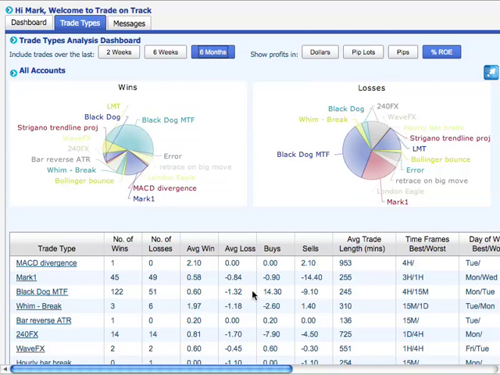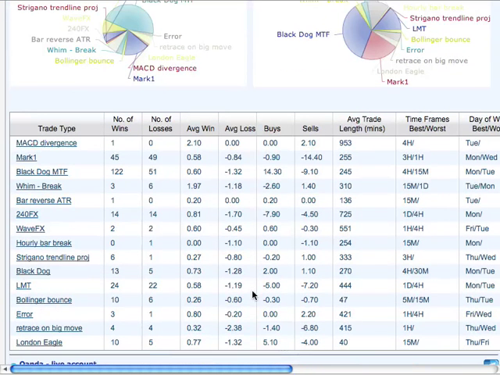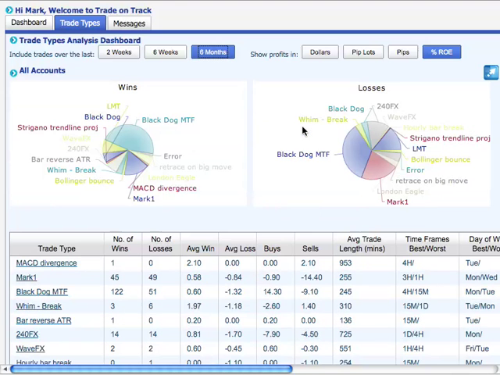There's more detail on those strategies. If we scroll down a little bit, it shows each of the trade types that you've traded in this 6-month period, the number of winning trades, the number of losing trades, and the average win per trade. In this case we're talking about a percentage return.